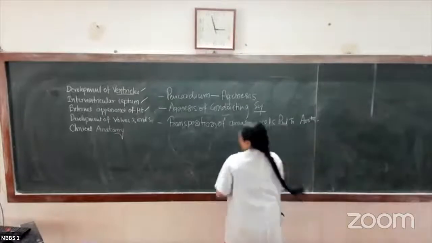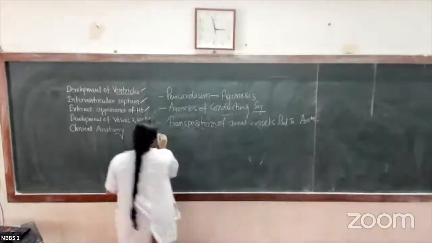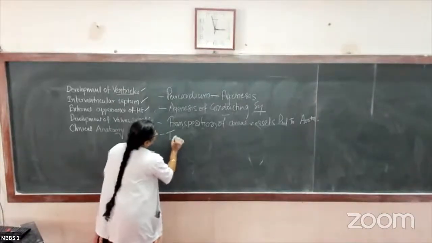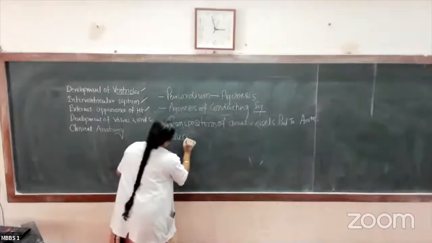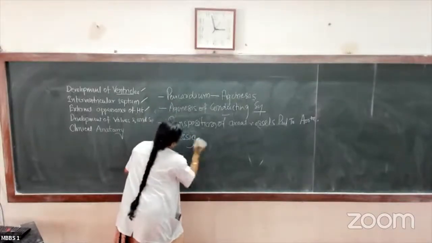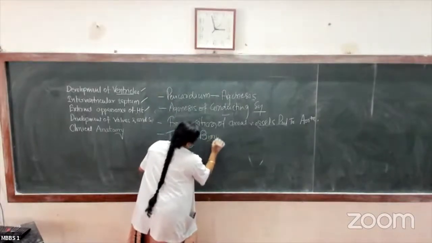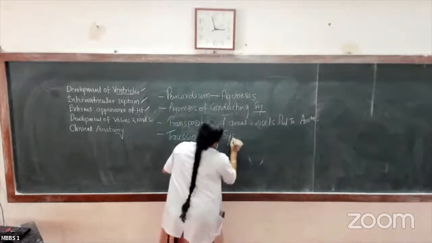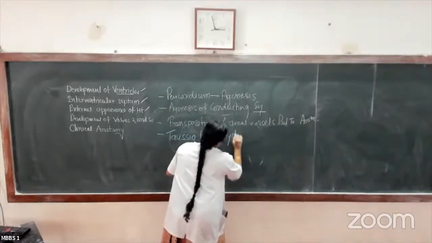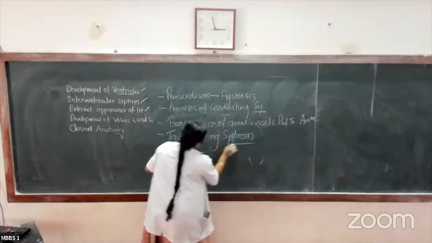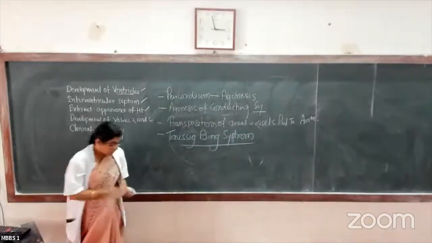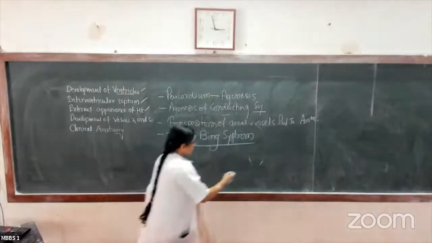Next, you should know about one syndrome that is known as Tetralogy of Fallot syndrome. What happens in this?